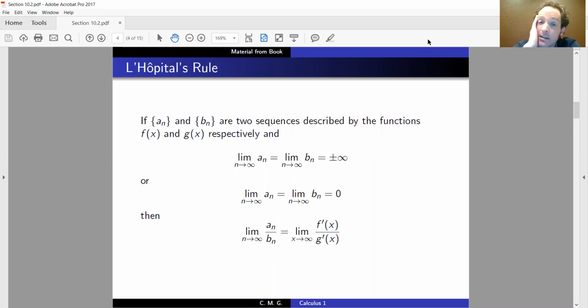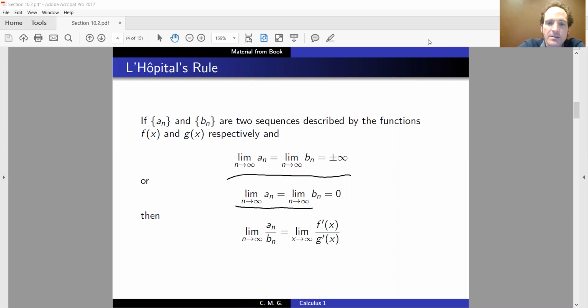Other tools that we can use that are really nice are things like L'Hopital's rule. So if I've got two sequences described by two different functions, f of x and g of x respectively, so f of x describes a_n, g of x describes b_n, then as long as the two limits both go to infinity, and they could go to different infinities, positive on the top and negative on the bottom, or negative and negative, or positive and positive, we're happy.